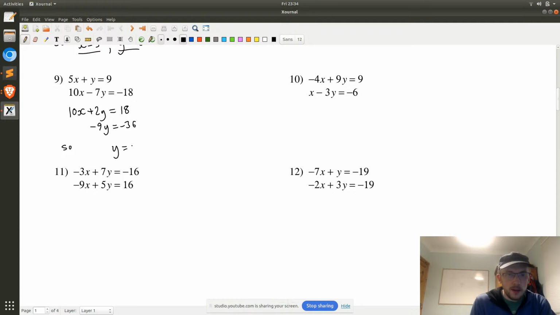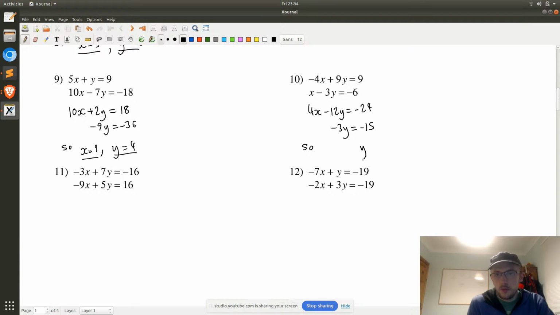So y is 4. What about x? 1. Quadruple. And add. So y is 5. What's x?